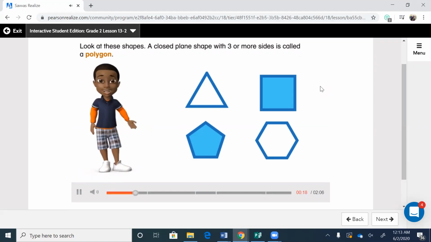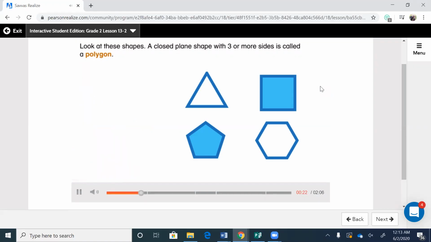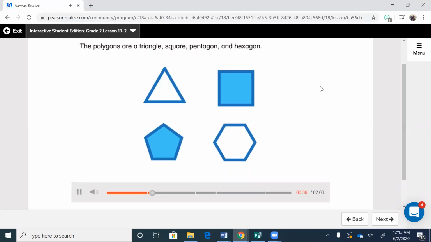You know the names of these polygons. Name each polygon shown. The polygons are a triangle, square, pentagon, and hexagon.